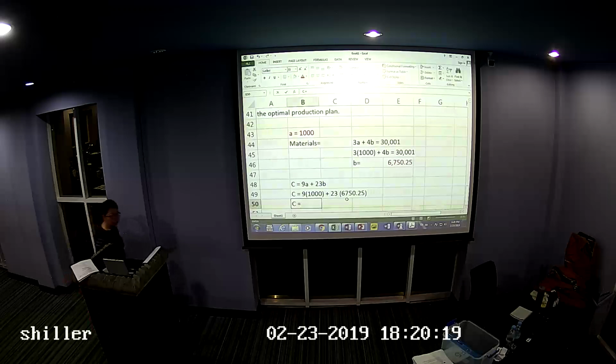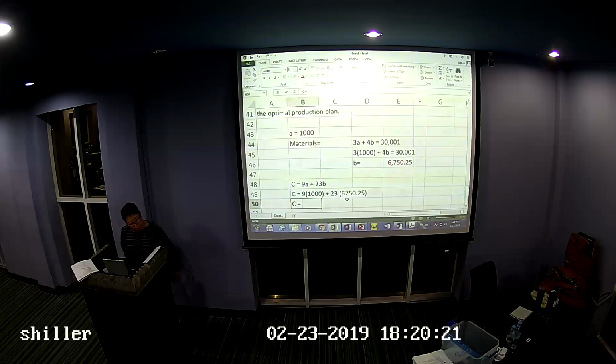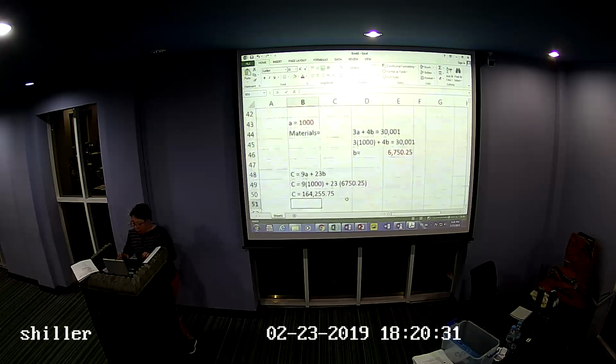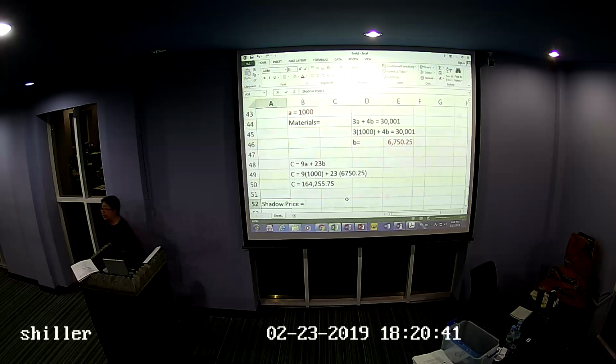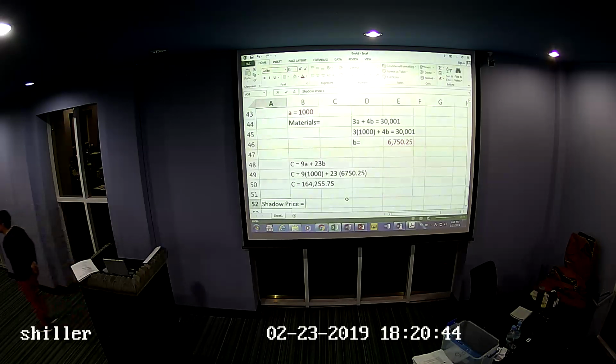How much is the new contribution? 164,255.75. Okay, good. So tell me, what is the shadow price? How do I know what is the shadow price? Yes, this contribution minus the optimal plan contribution, correct?